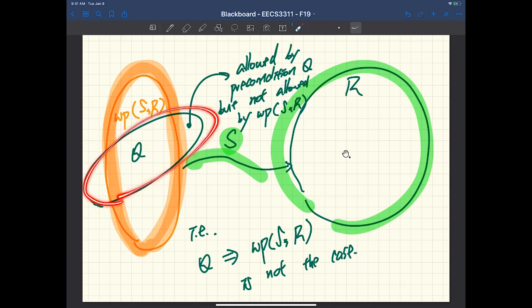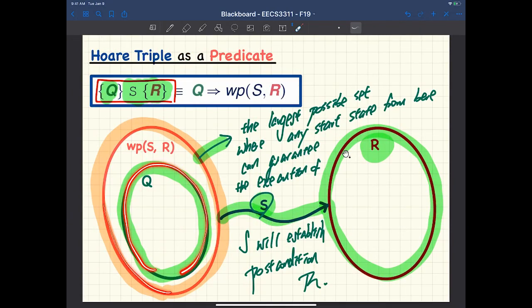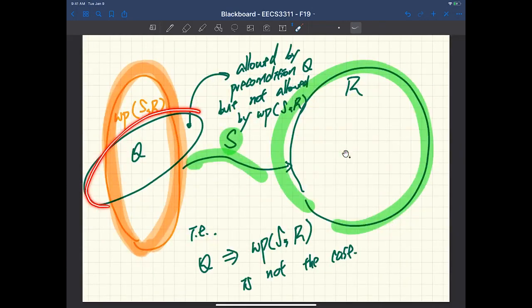If it is the case that Q is exactly a subset of the orange one, then you're fine. That means the original program is correct and the Hoare triple should be true. On the other hand, if there is at least one state in your precondition that's satisfying, but it's not allowed by the weakest precondition, then it's not correct.